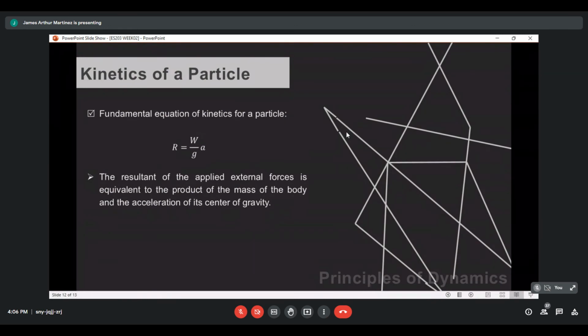We know that weight is equal to mass times gravity. So if atong i-express ang mass in terms of weight and gravity, we will have the equation mass is equal to W over G. And if imo siyang i-substitute sa equation nga F is equal to MA, you will have F is equal to W over G times acceleration. So, mao lang na siya.